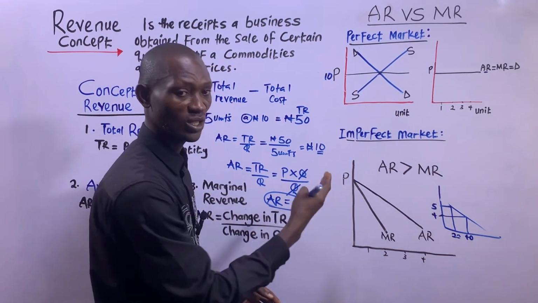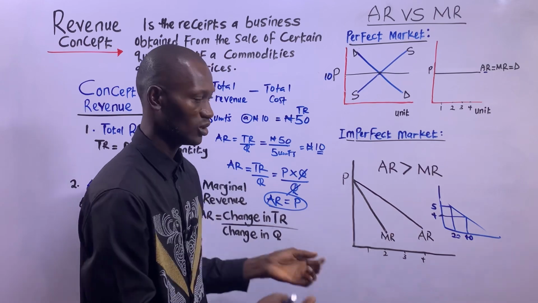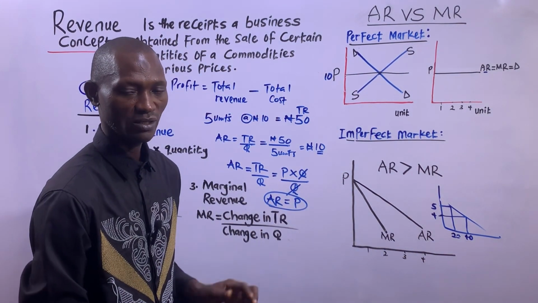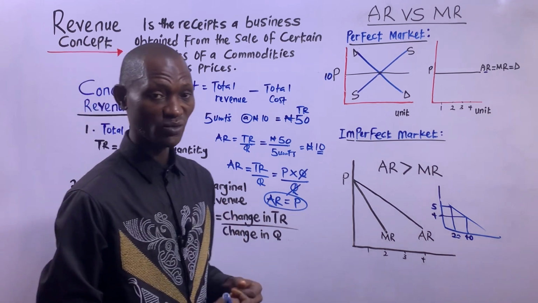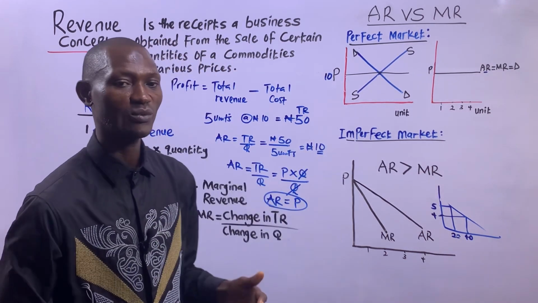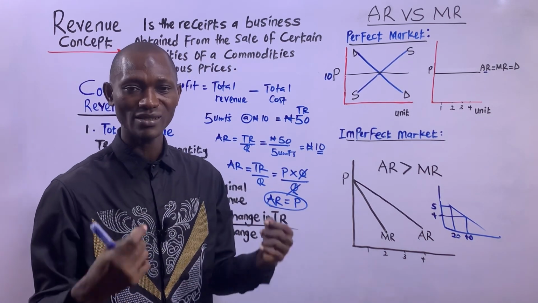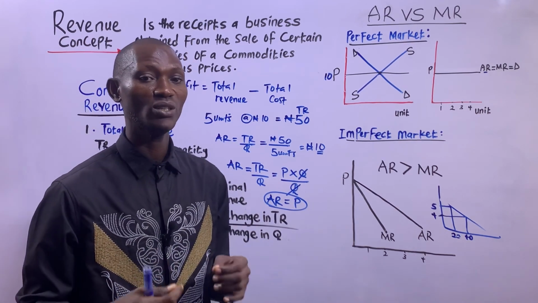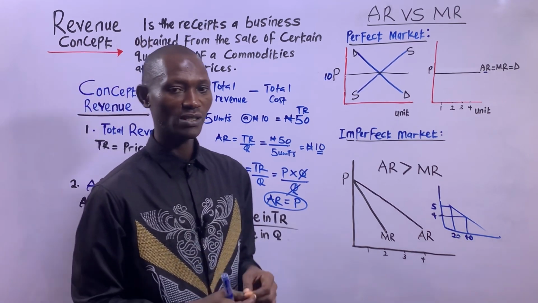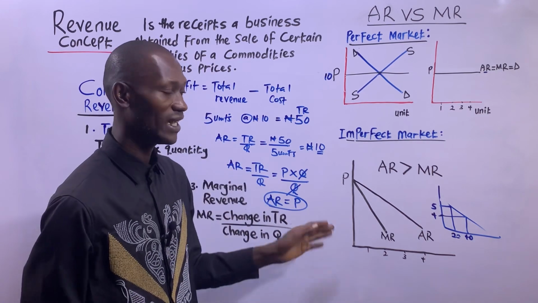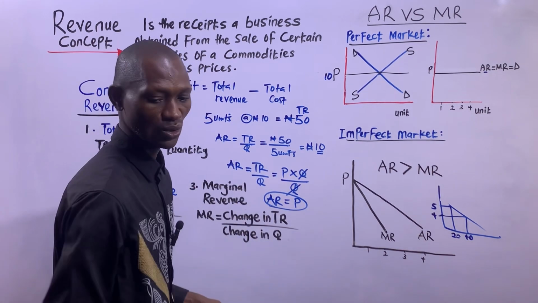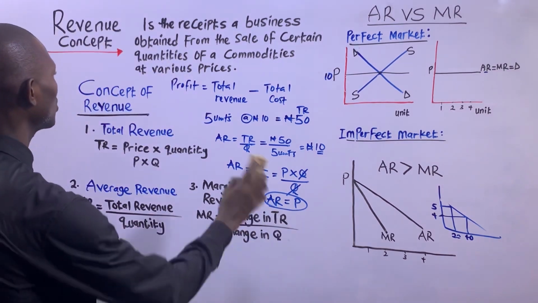So if you want to increase your sales, your total revenue, reduce your price, move down the demand curve. Then when your price reduces, your average revenue reduces, and your total sales will increase. But the opportunity cost of the total revenue increasing is that marginal revenue will fall. But it's not just fall, it will fall faster than the average revenue. So that's basically that. So let's do the schedule together now.